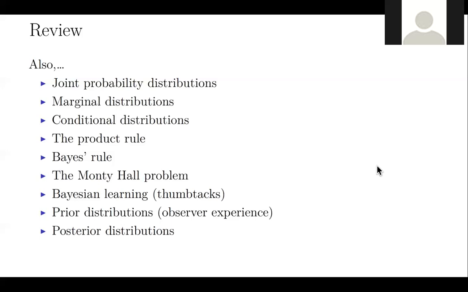Bayesian learning, we showed how if you were very ignorant about the probability of a thumbtack showing face up, you could do a whole bunch of experiments, and using Bayes' rule, you can start with your very ignorant prior and keep getting, with each new toss of the thumbtack, a new posterior.